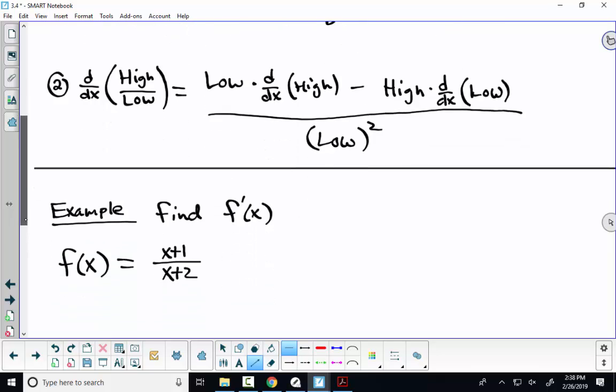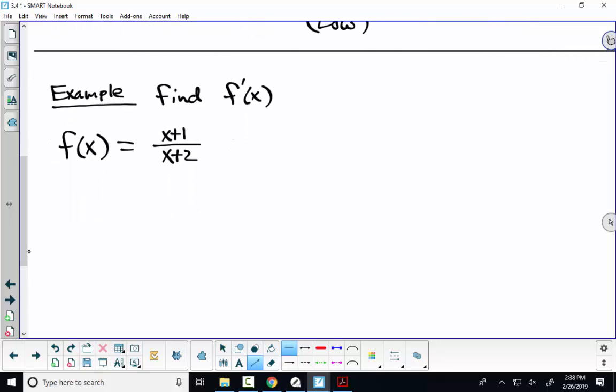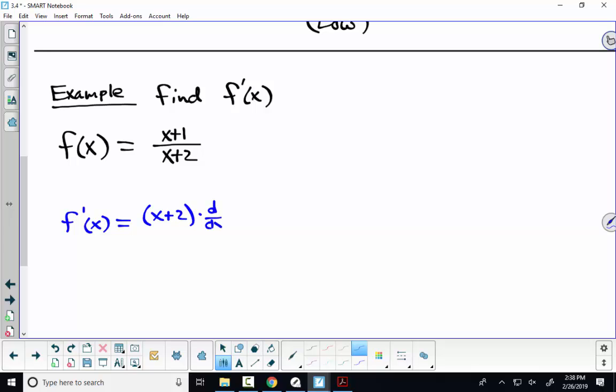Okay, for example, find the derivative of x plus 1 over x plus 2. So we see that the function is a quotient. The quotient rule says to take the derivative, it's the bottom function times the derivative of the top, minus the top times the derivative of the bottom.